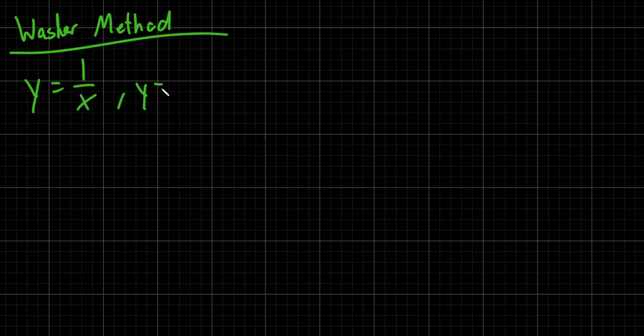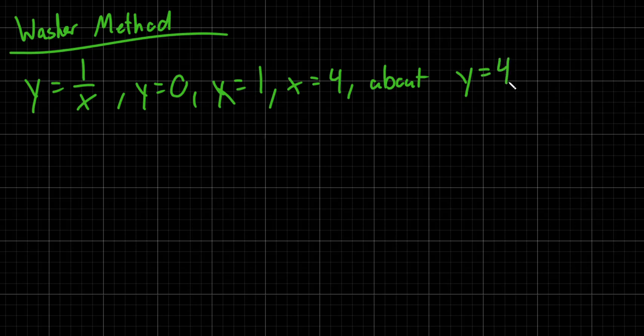We have boundaries of y equals 0, y equals 1, x equals 1, and x equals 4. We're going to rotate this about the line y equals 4. So revolve around y equals 4.